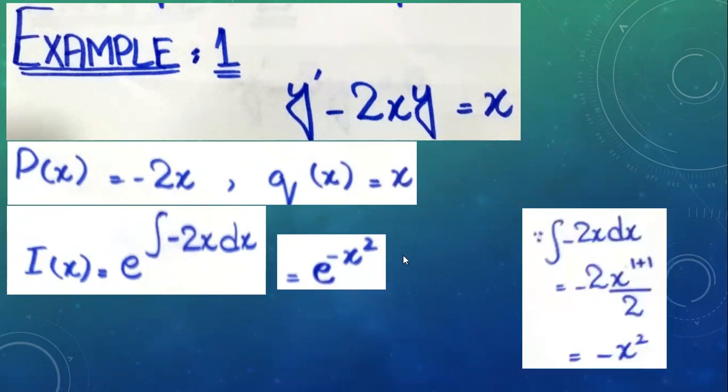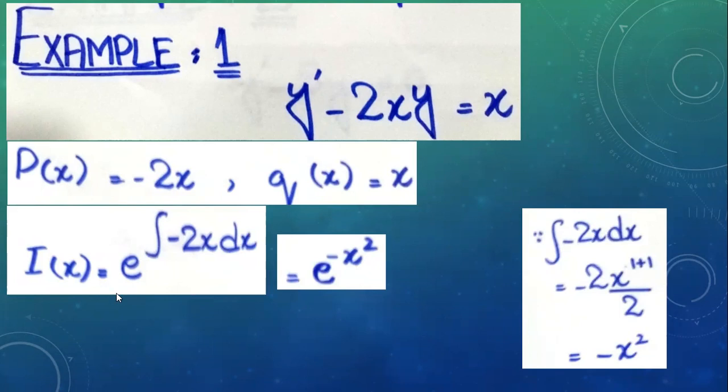I simply integrated minus 2x dx: I take the minus 2 outside, use the power formula for x, which gives x power 1 plus 1 divided by 2. The 2 cancels with this 2, and we obtain minus x squared.